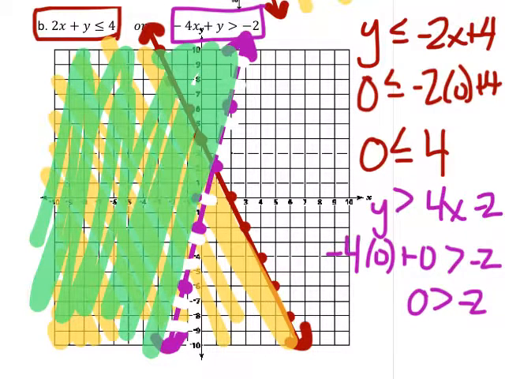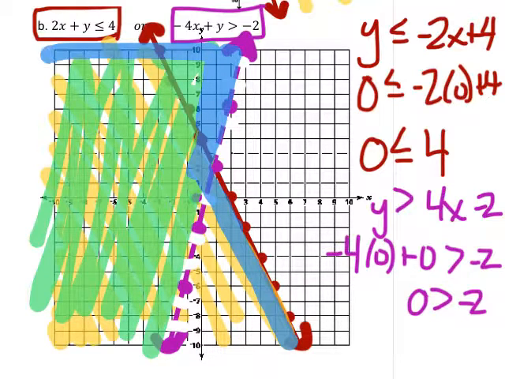Okay. Now in this problem, we're not looking for the intersection. We actually are looking for any part that's shaded. Okay. So we would have to acknowledge that the parts on that dotted line are not solutions, but parts on this line, this half of the red line, are.